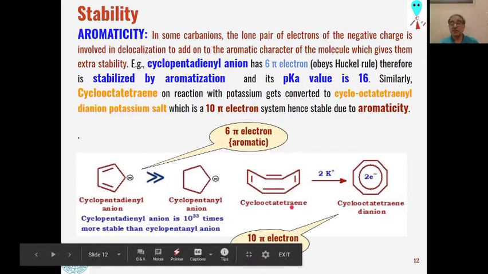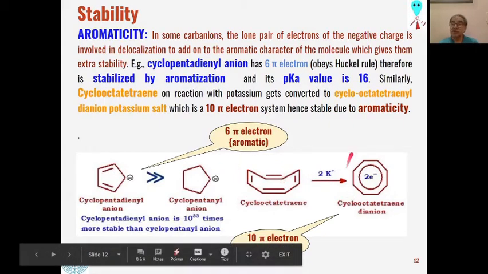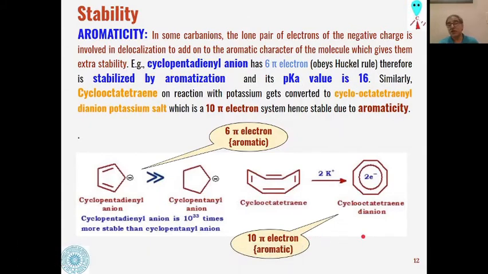Similarly, this cyclooctatetraene, if we react this with potassium metal, 2 electrons are moved from the metal to this molecule to give us this cyclooctatetraene dianion. This dianion has 10 pi electrons, which means it obeys the 4n plus 2 pi rule, that is Huckel's rule.